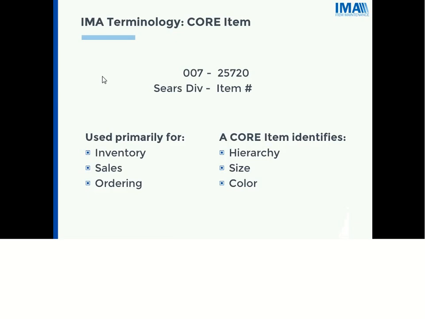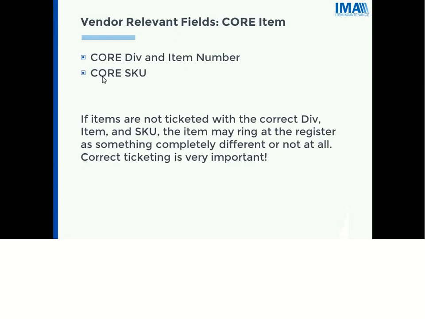Now the Sears division has to be 3 digits, so if it doesn't have the 0 in front, you have to add the zeros, and then it's a dash, and then the 4 or 5 digit item number. It's used primarily for inventory, sales, and ordering, just like the KSN is used for that on the Kmart side. And a core item number identifies the Sears hierarchy. It can also identify the size and color if that's applicable.